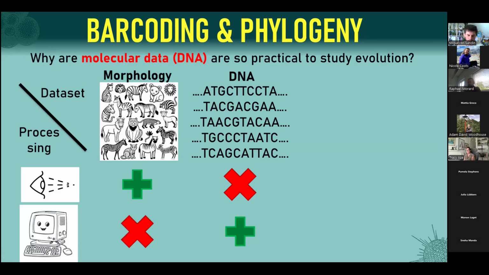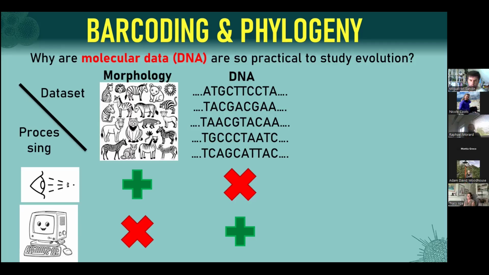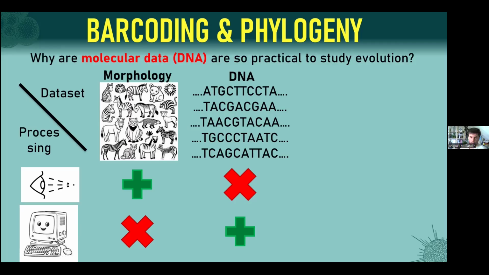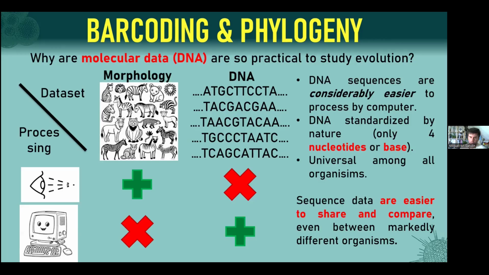However, when you work with computers, it's much more difficult to work with morphology and automate the work, but it's much easier with DNA. So what made molecular studies so powerful is just that. It's much easier to standardize your work with DNA because you have only 4 nucleotides, or bases, where you are going to find your signal.